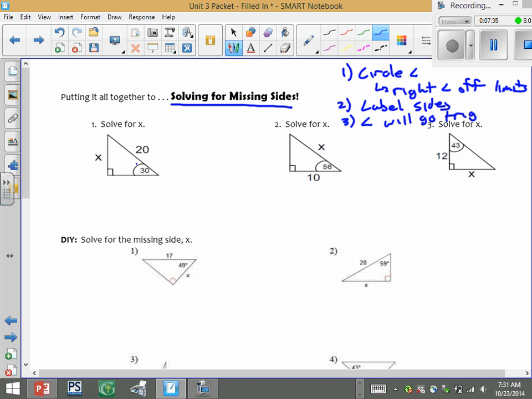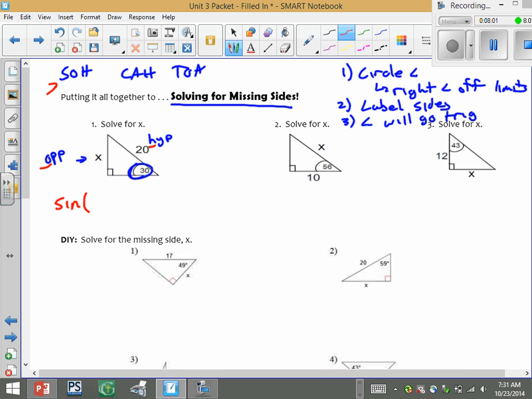For number 1, the angle is 30. We label the rest of the sides based off of that 30. 20 is the hypotenuse, and x is across from 30, so that's the opposite. Remembering our mnemonic, we have an O and an H. The only trig function that goes with OH is S, which means we're dealing with sine.